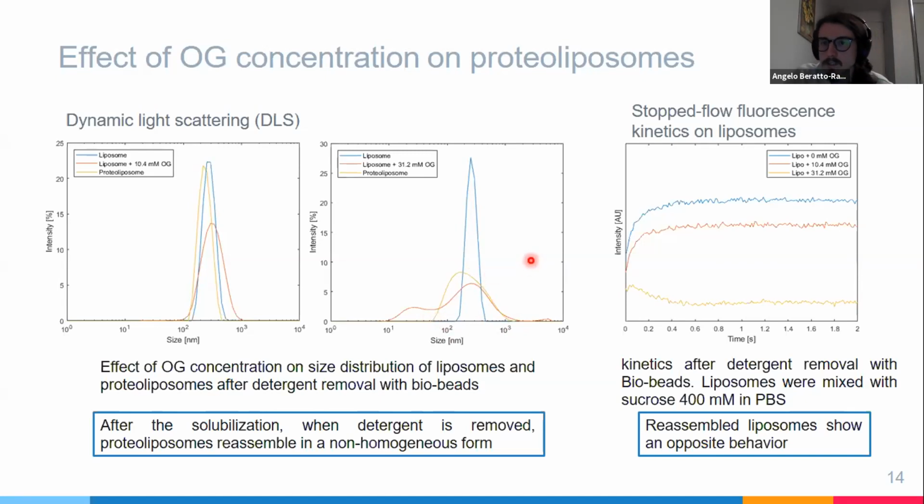Also here in this stopped-flow kinetics, we can see that the reassembled liposomes show opposite behavior compared to the liposomes without detergent, or the saturated ones after we remove the detergent.